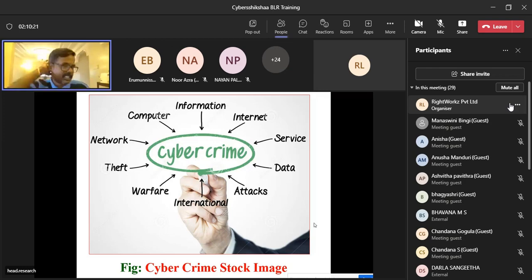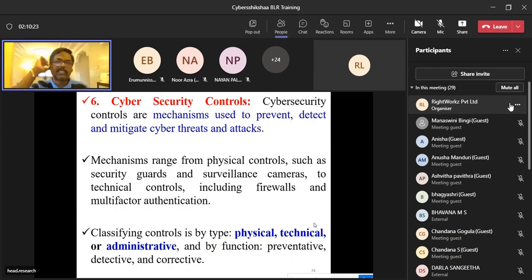Then the sixth one is cyber security controls. Controls are nothing but mechanisms used to prevent, detect and mitigate cyber threats and attacks. That is called cyber security controls.